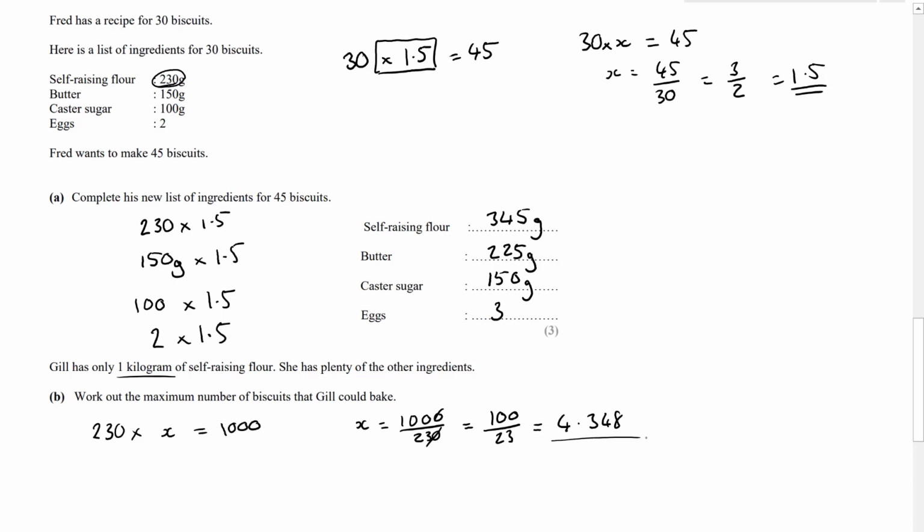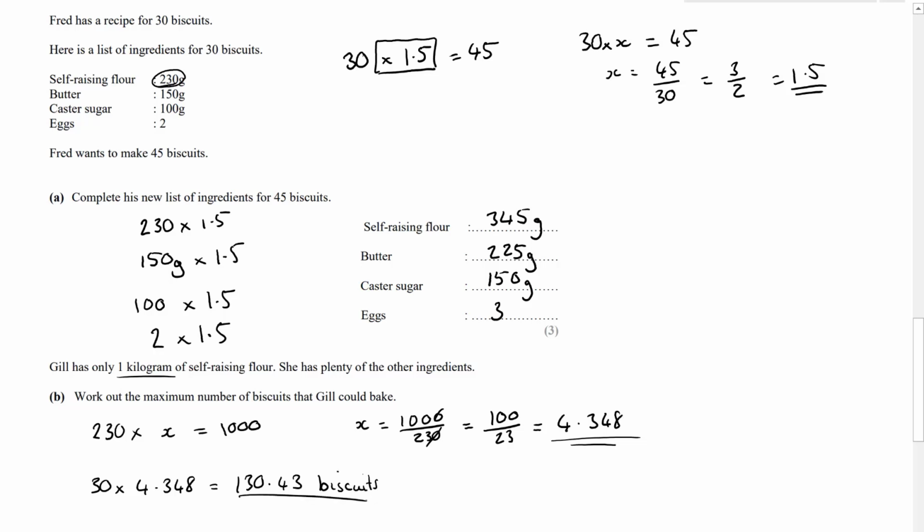And so we're going to have to say that she can make the 30 biscuits 4.348 times. So now if we do 30 multiplied by this multiplier of 4.348, and we work out what that will give you, that gives you 130.43 biscuits.